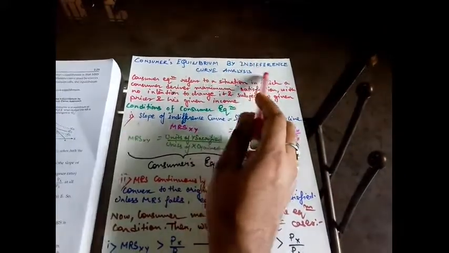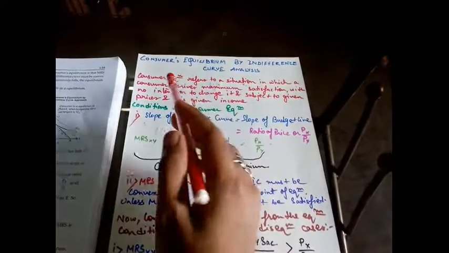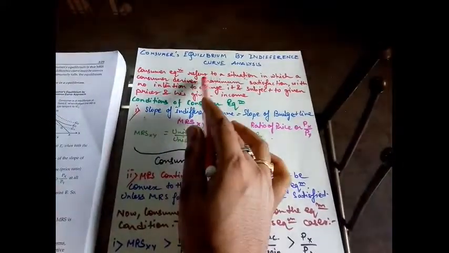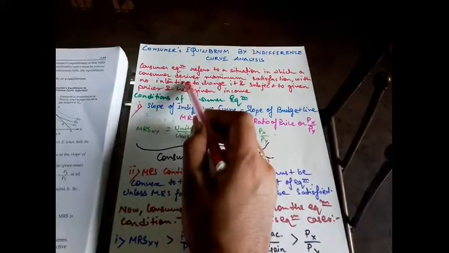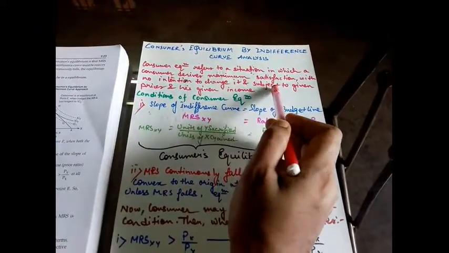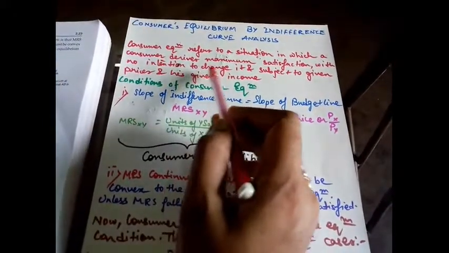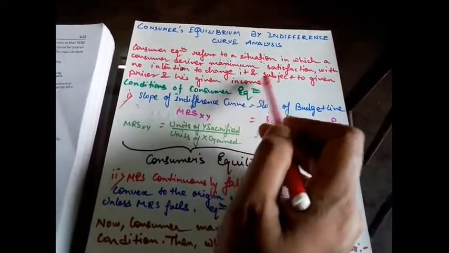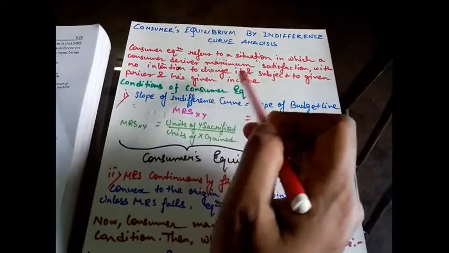It's consumer equilibrium by indifference curve analysis. Now, consumer equilibrium refers to a situation in which a consumer derives maximum satisfaction with no intention to change it, subject to given prices and his given income.